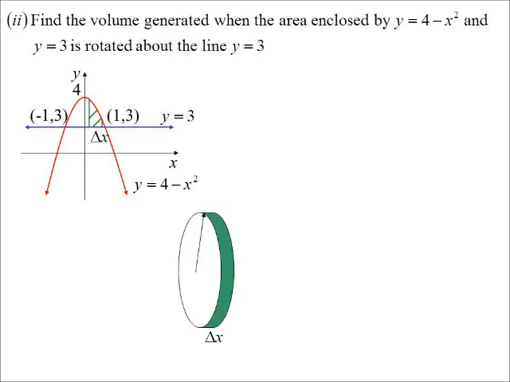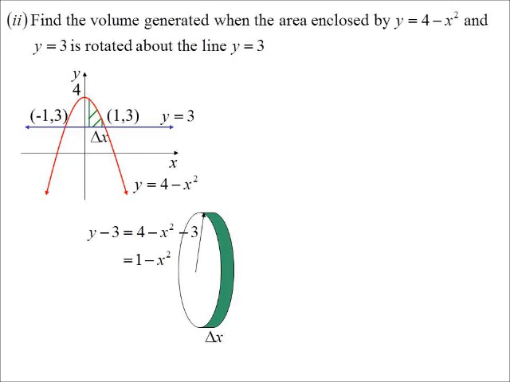So when I draw it, the radius is no longer the y value. The radius would be y minus 3. Because it's going to be the y value minus 3. Essentially, if you think back to areas, what did we say? We said top boundary minus bottom boundary. That's what I'm doing here.